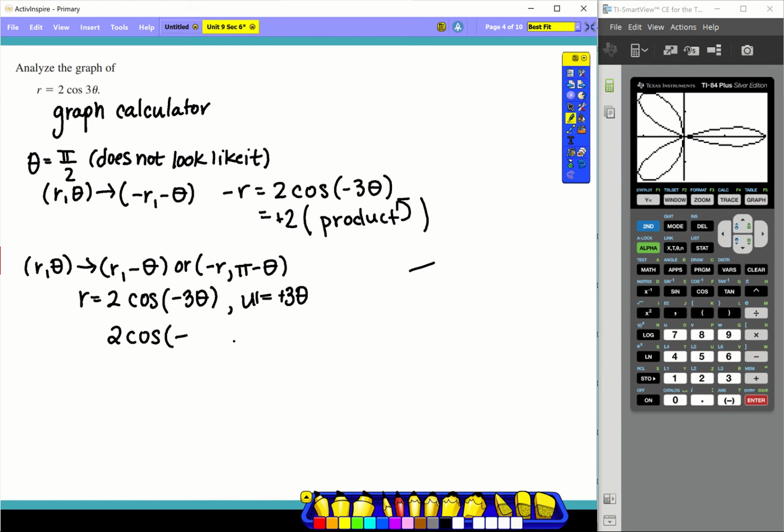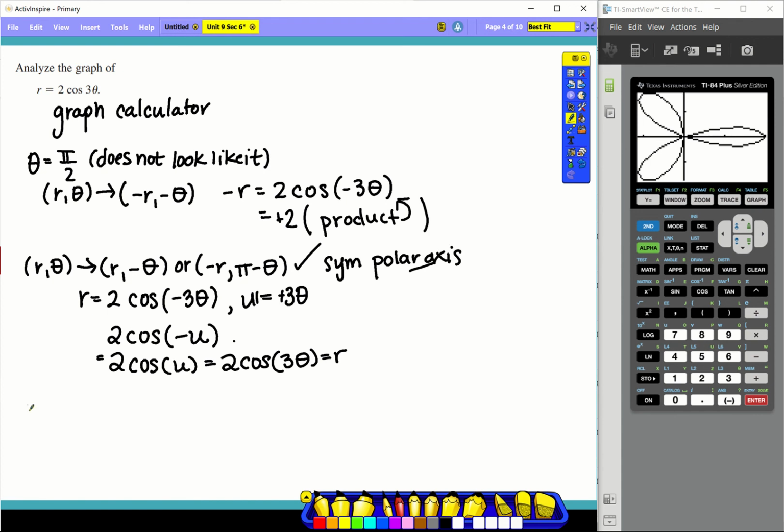So then I have cosine negative u. Now, cosine of a negative will actually just give us the positive. So that'll equal 2 cosine u, which will equal 2 cosine 3 theta, which is equal to the original r, which is what we're going for. So it's symmetric with the polar axis.